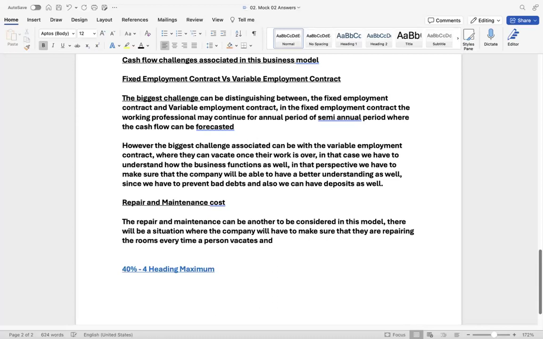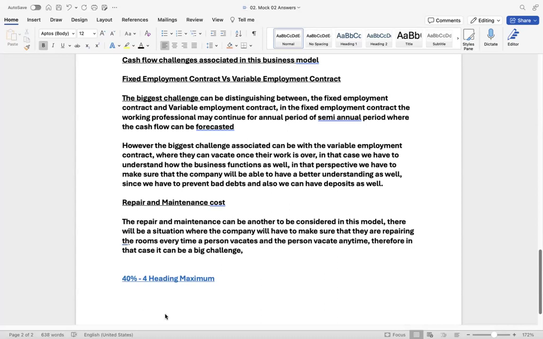And the person can vacate anytime. Therefore, in that case, it can be a big challenge. Can I get a Y in the chat box, students, if you are fine with that? Are you okay with that? Are you clear with that? Now, these are common sense.